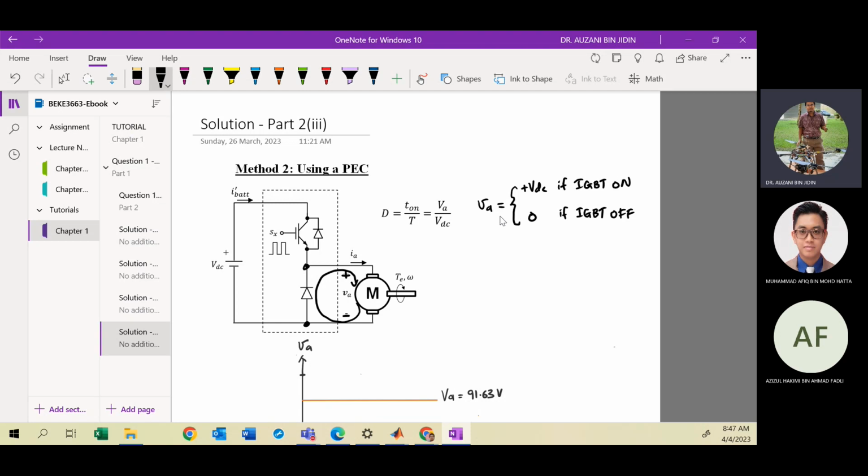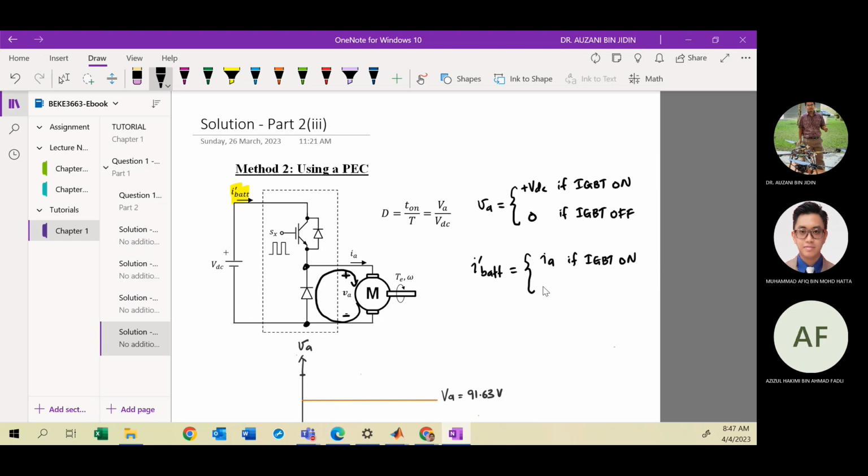So how about the battery current, I battery? This is the current that flows out from the positive terminal of the battery. For I battery, it is the same as the armature current when the switch is on, if the IGBT is on.